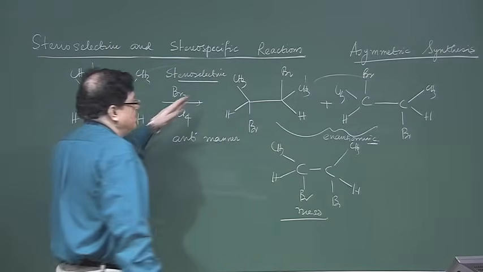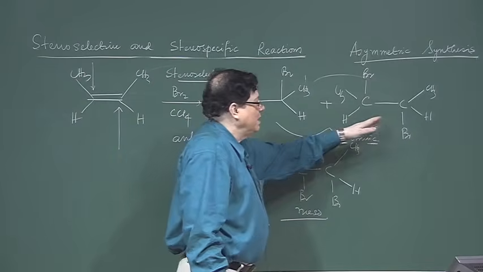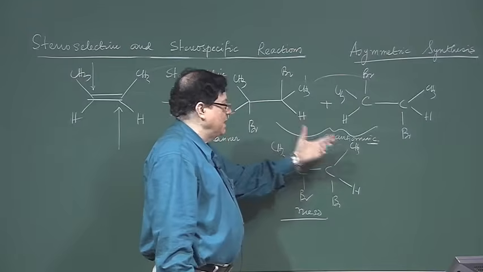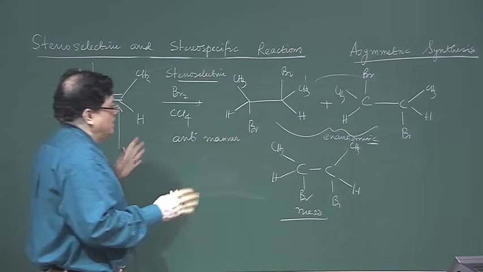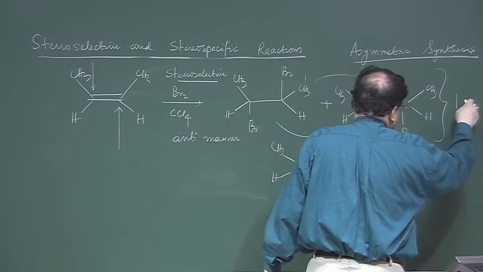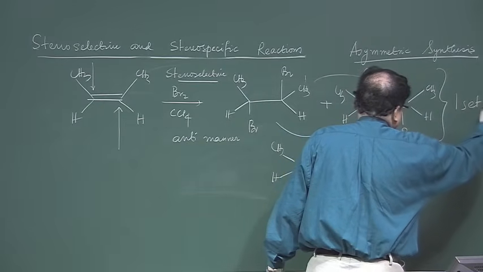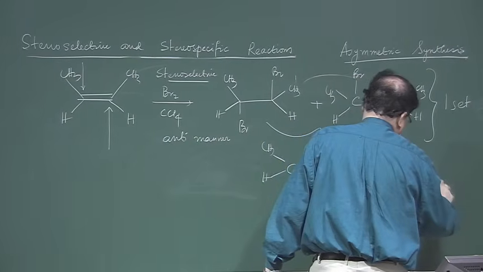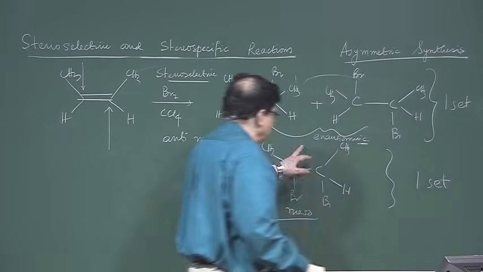Remember, stereoselectivity does not discriminate between the extent of the enantiomers. Even if you get plus minus 1:1, the reaction is stereoselective. That means, this is considered as one set, and this is the other set, but here it is not a set, because it is a Meso compound.